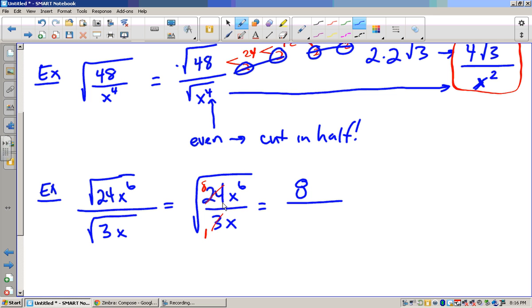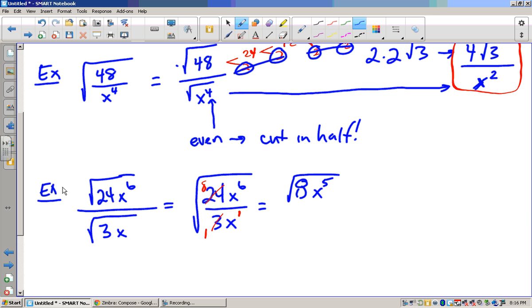And then looking at our variable piece, remember again, when you divide, we subtract. So I have x to the 6th and x to the 1st power. And I look at it and say, well, where's the bigger one? The bigger one is in the top. So x goes there, and then 6 minus 1, you get 5. And I have the square root of that still.